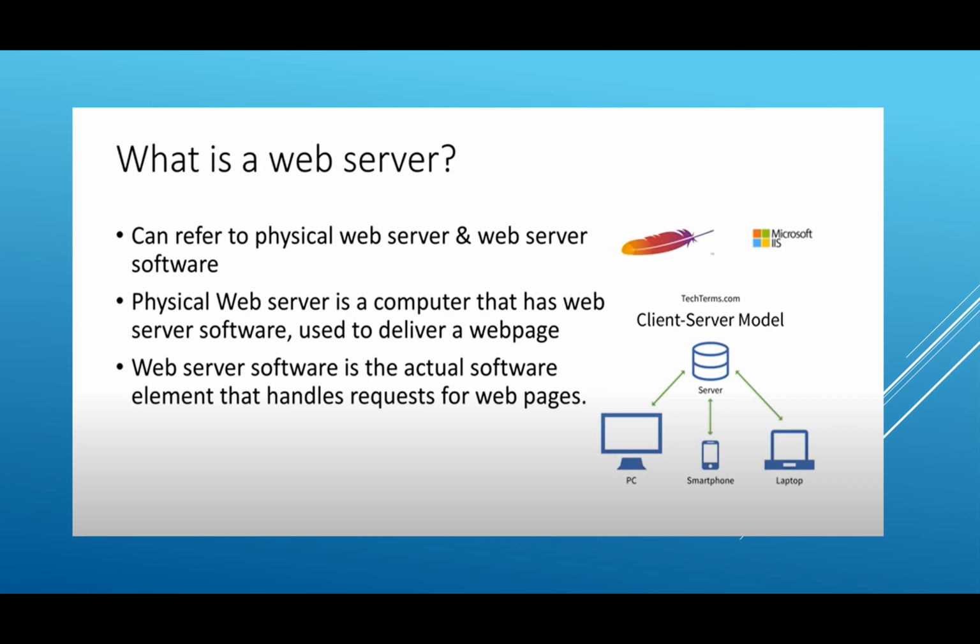A common one is Apache HTTPD because it's free. Now there's also Microsoft's IIS, which I believe is only available for Microsoft Windows Server, and it just depends on which technology you want to go with. And there are also alternatives to both of those as well.